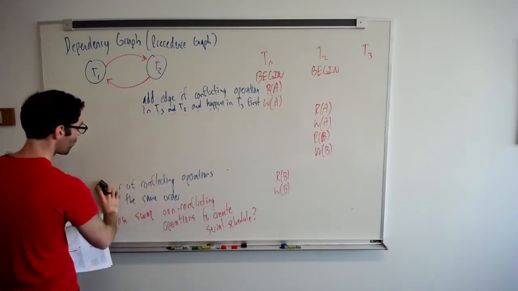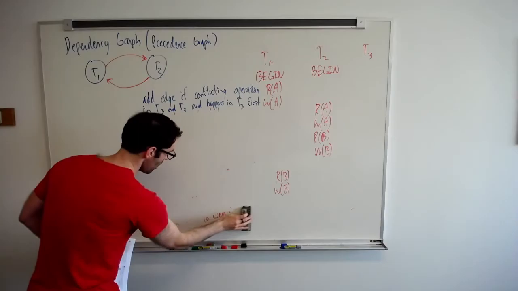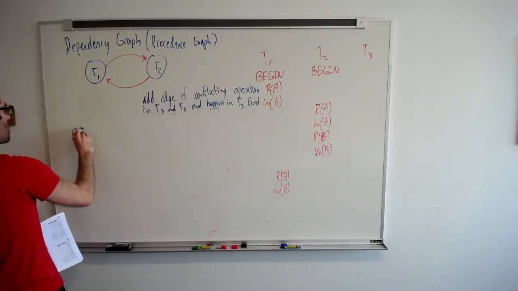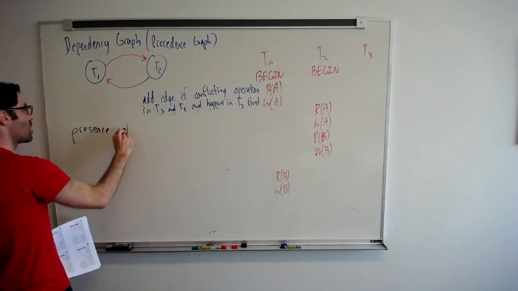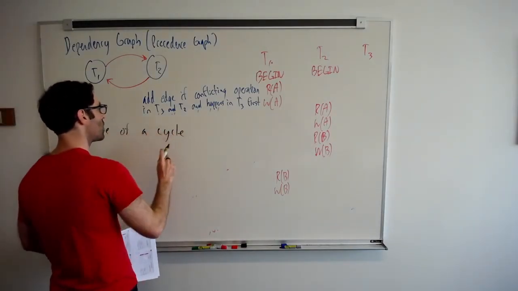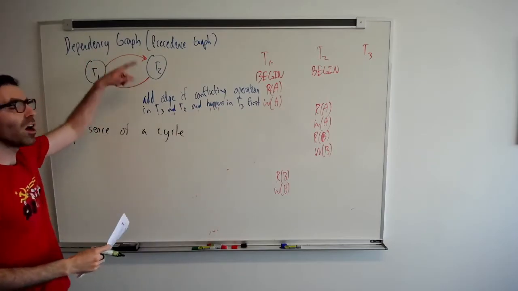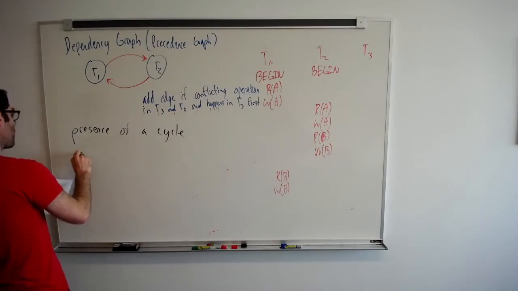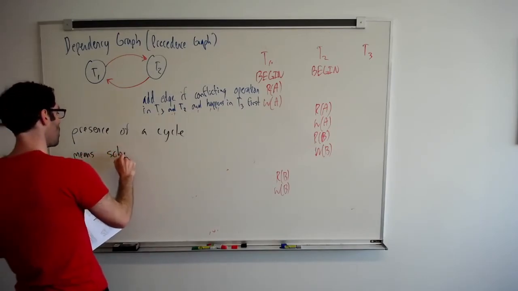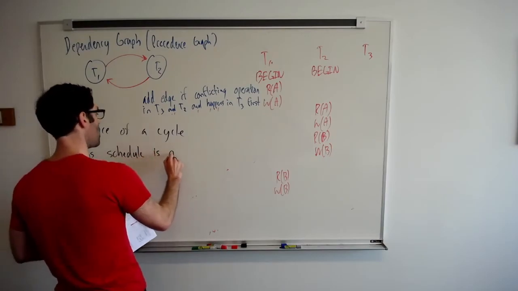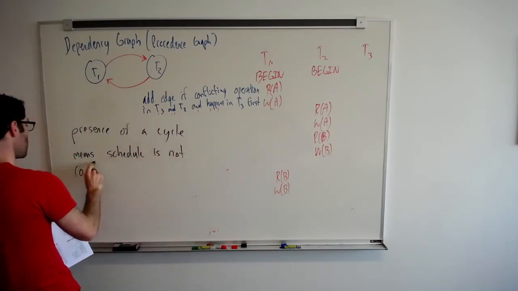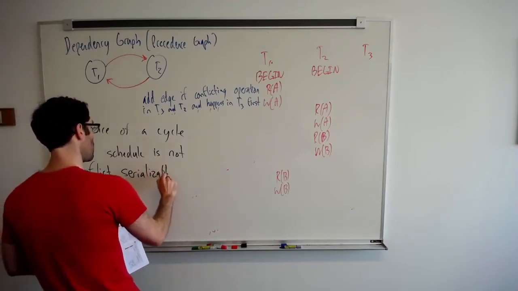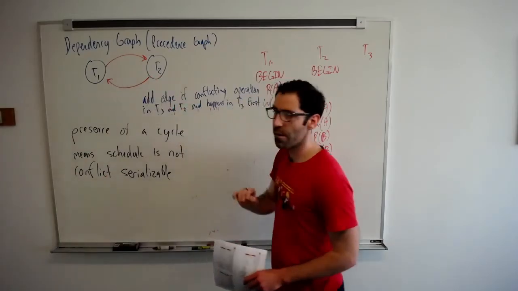The reason that this graph is helpful is that the presence of a cycle, the presence of a loop in our directed graph, means that our schedule is not conflict serializable.